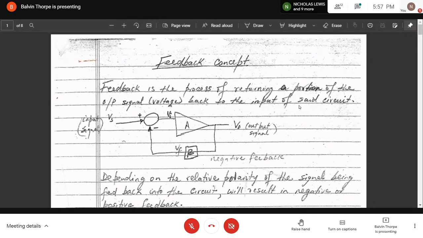And because of that, negative feedback provides a lot of circuit improvements.